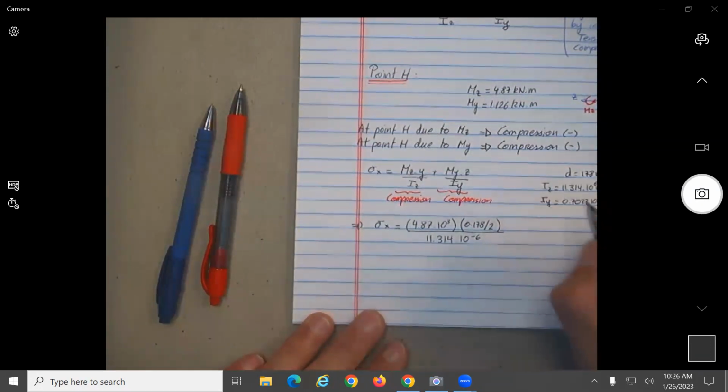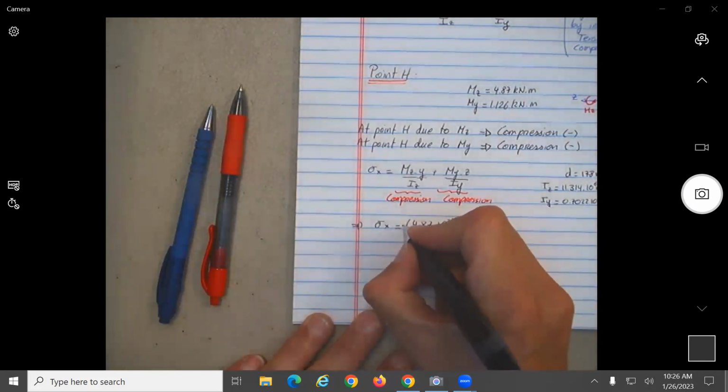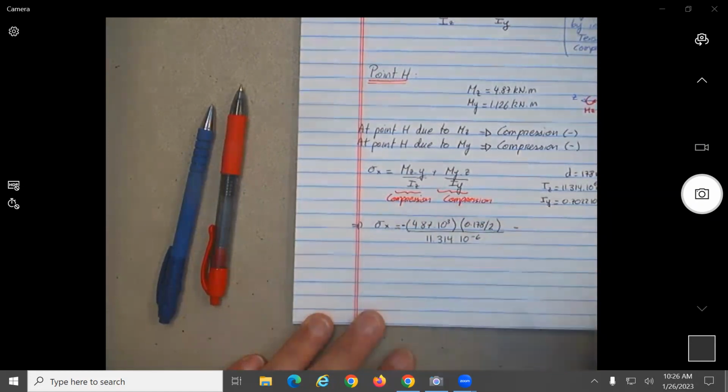All right, what will be the second term? Plus, I'm going to put, okay, so I don't know how to do this. If you want, put a minus here, and a minus sign again, because both should be negative for compression.